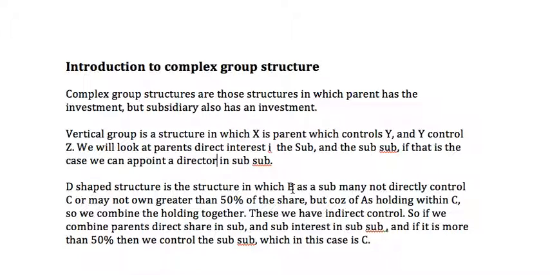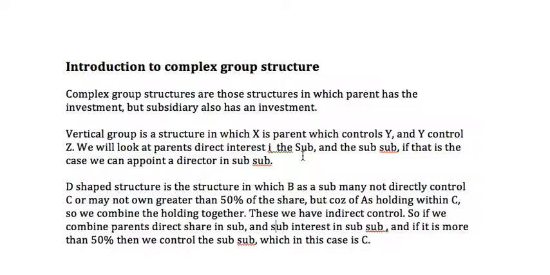So parent company is the company B. But because A is holding within C, we combine the holding together, and this will give us an indirect control which is going to be higher than 50%. So if we combine parents direct share in sub and sub interest in subsidiary, if it is more than 50%, then we can control the subsidiary, which in this case is C.